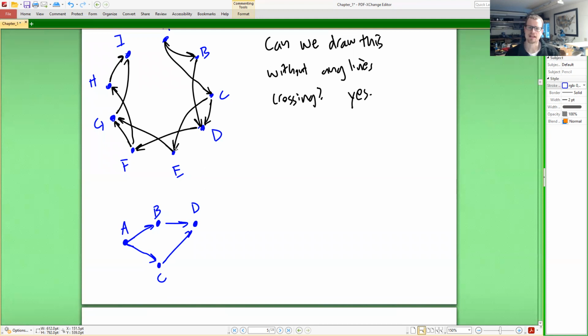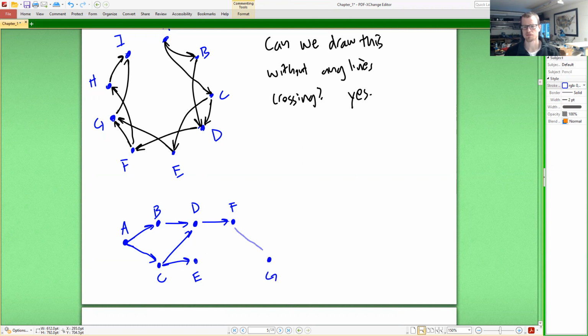And let's see here. Next is E, which is only preceded by C. So I'll put that one here. And then, what is next? F is preceded by D only. So I'll follow that over. G is preceded by F and E. So I'm going to put G all the way over here.